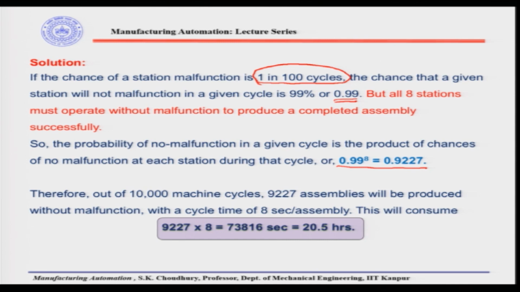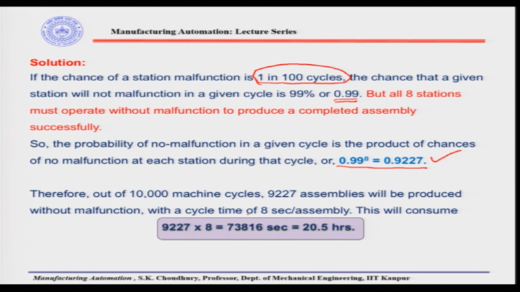So, all 8 machines should work. Therefore, 0.99 to the power 8 is this probability. So, out of 10,000 machine cycles, 9,227 cycles will work. That means these many assemblies will be produced, 9,227 without malfunction, okay.